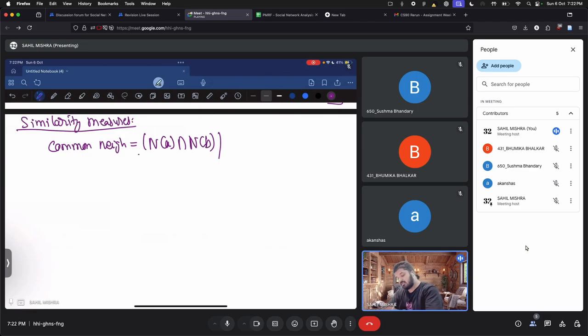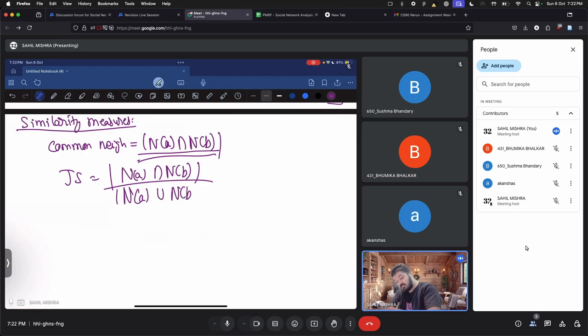But this number is graph dependent. Graphs with a high number of nodes will have this value high, so we normalize it to make it Jaccard similarity. Jaccard similarity is NA intersection NB divided by NA union NB, and then there is cosine similarity.